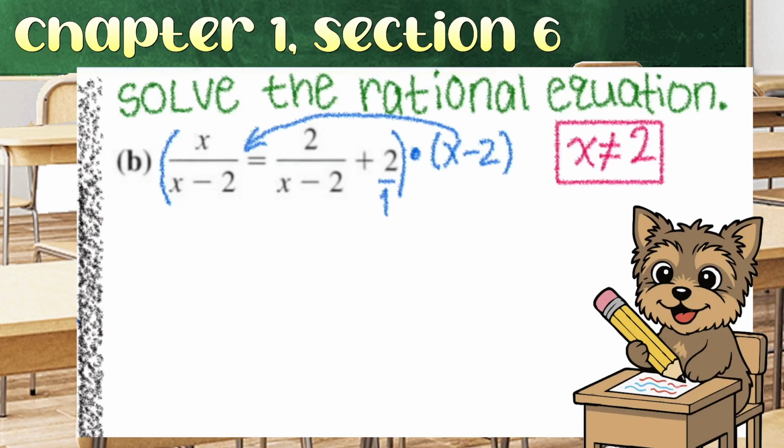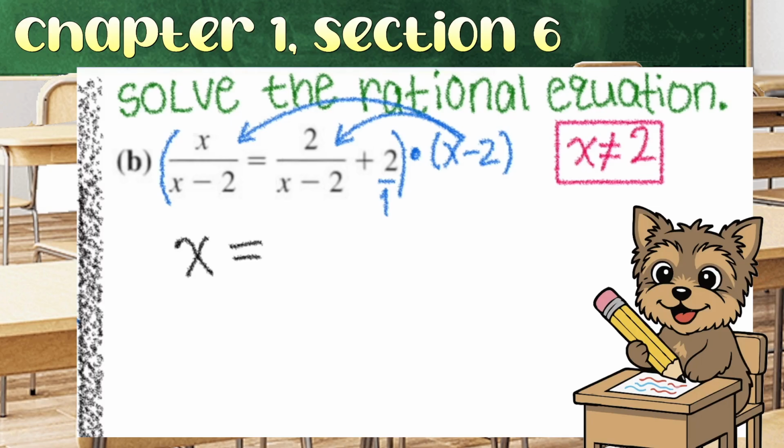So when I multiply that right there, okay, everyone saw. This is going to go right there. When it does, the x minus 2's will cross out because you'll have x minus 2 over x minus 2, and the only thing left will be x equals. Next, now we'll do the same idea. We're going to distribute it over here.